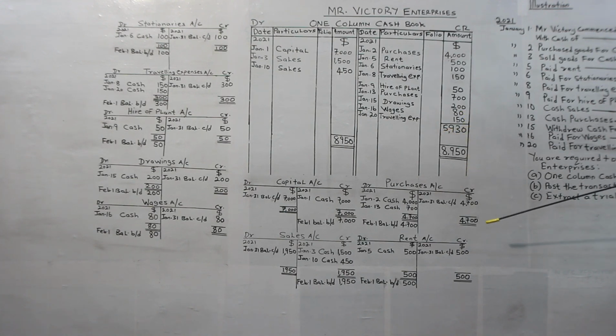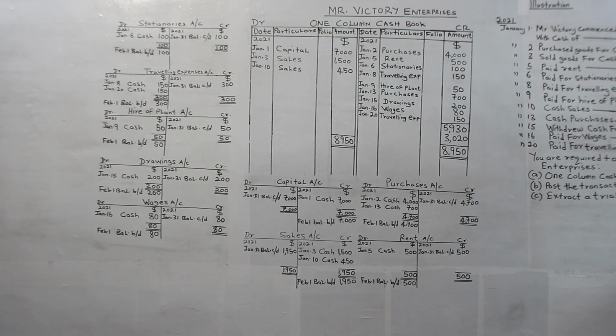That gives us 3,020, so we write it here. So 8,950 total amount received minus 5,930 representing the total amount spent, we have 3,020. This 3,020 represents the closing balance, that is balance carried down or balance c/d in the cash account.